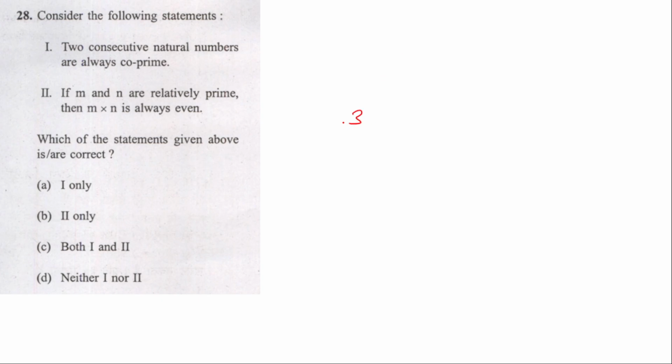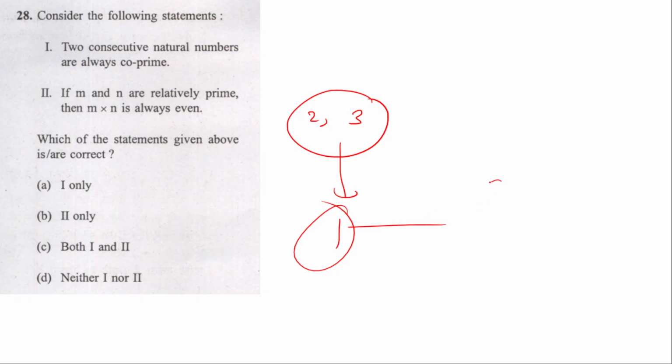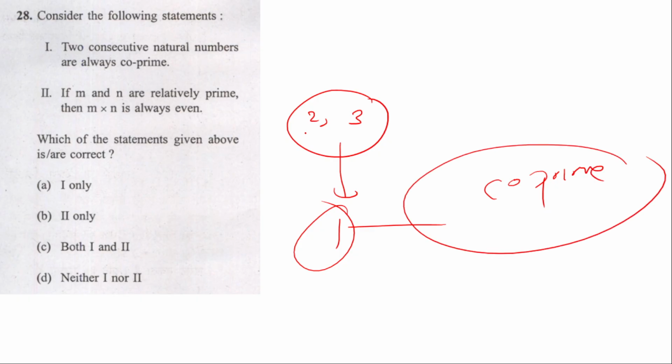If I am taking 2 and 3, these numbers are not divisible by any common number except 1. So those numbers whose common factor is 1, we call co-prime numbers.